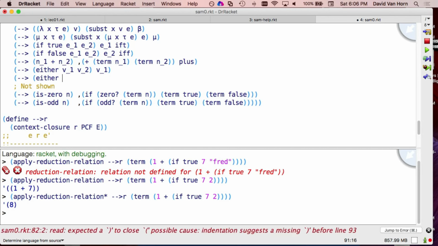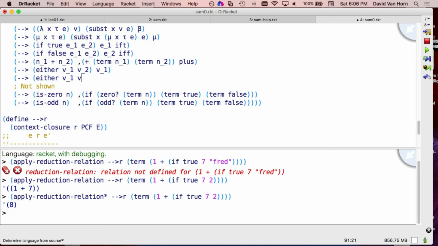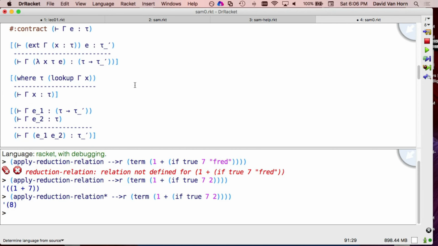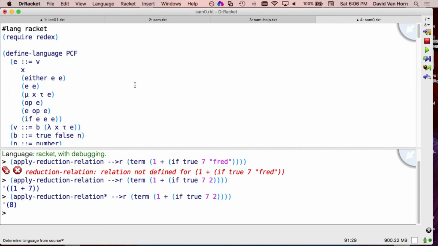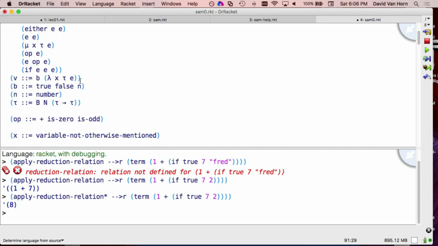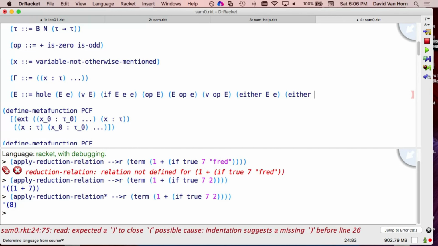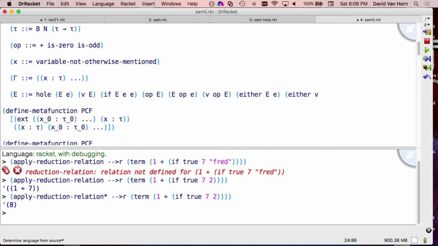So if you have the either of v1 and v2, well, you get either of them. And I now need to go back to my evaluation context because I need to be able to reduce inside of an either, so I'll do it like this. I'll just make a choice to do the left one first.